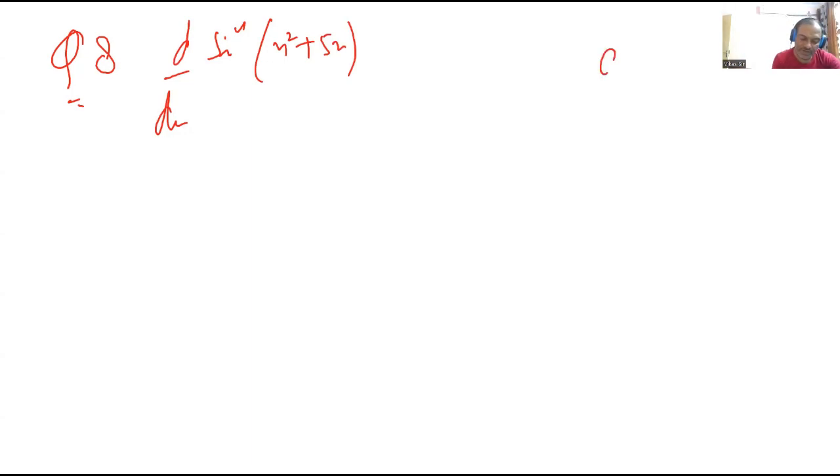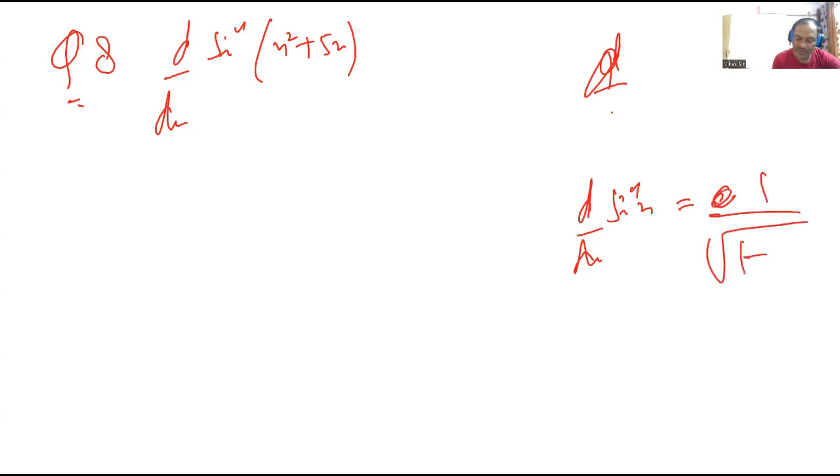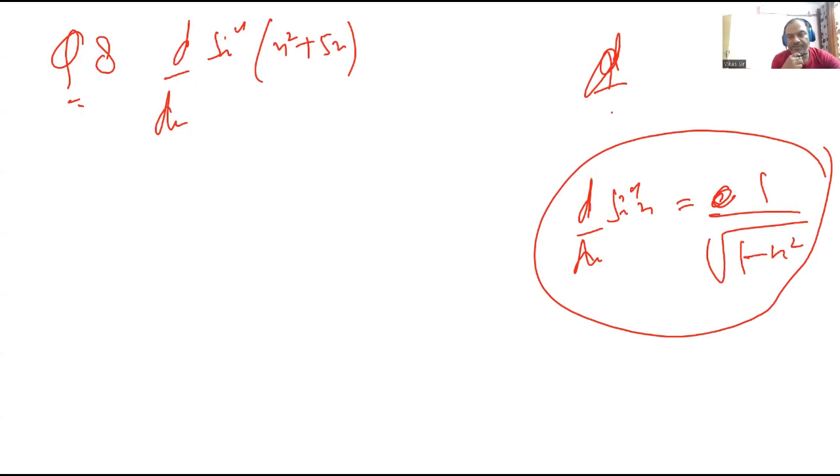The parent function here is sine inverse x, that is d by dx of sine inverse x, and the differentiation of sine inverse x is equal to 1 over under the root of 1 minus x squared.